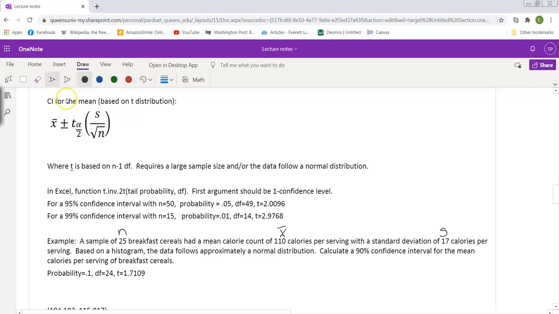So now to get the rest of the problem, we just plug in X bar, which was 110, plus or minus 1.7109, and we're writing that down, although you're going to just use it directly in Excel, times S, which is 17, over the square root of the sample size, which is 25.